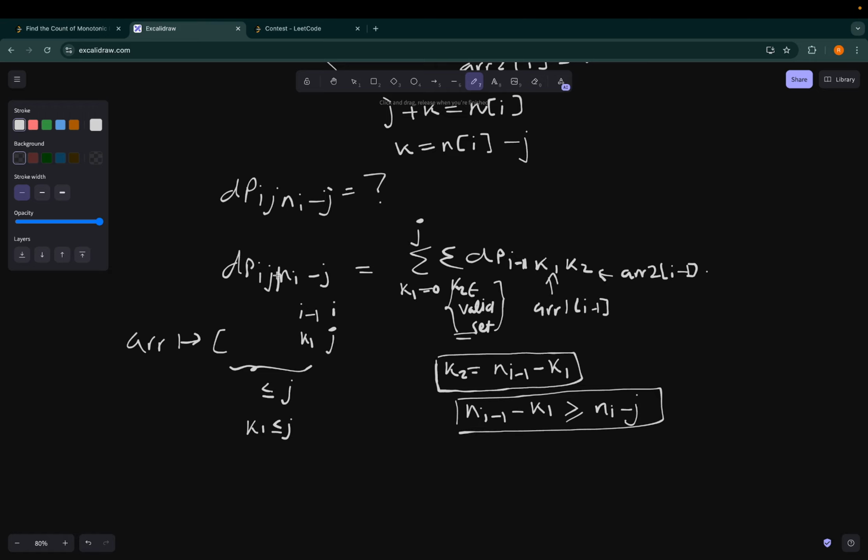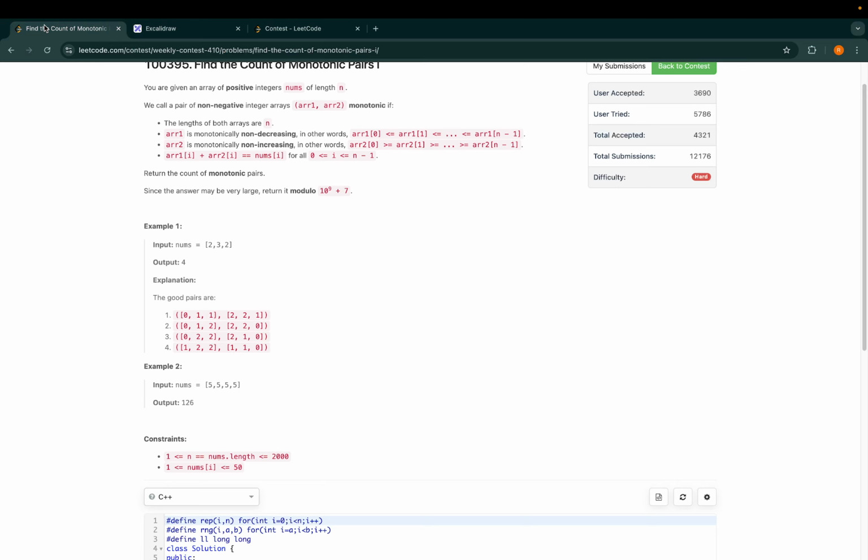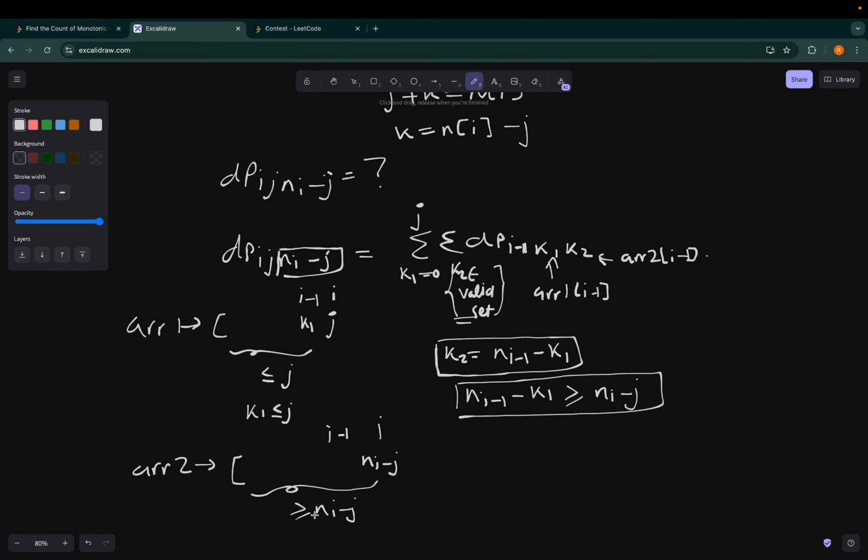Because you put n of i minus j, your array 2 is now like this. You put n of i minus j over here at index i, and in index i minus 1. So now all of these numbers should be greater than or equal to n of i minus j, right? Because this is non-increasing. We have to make this array non-increasing.